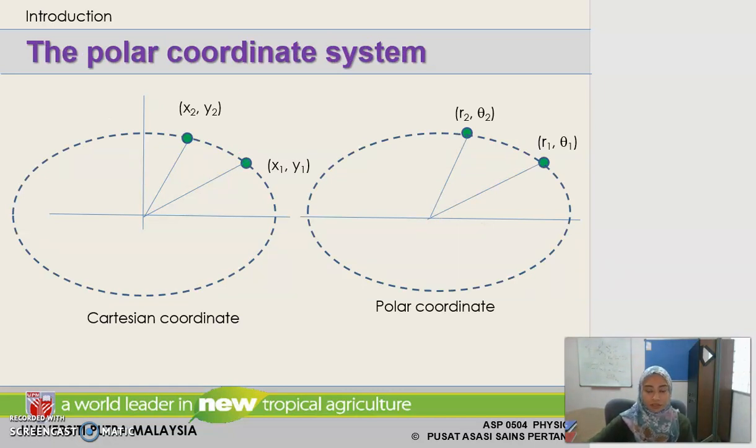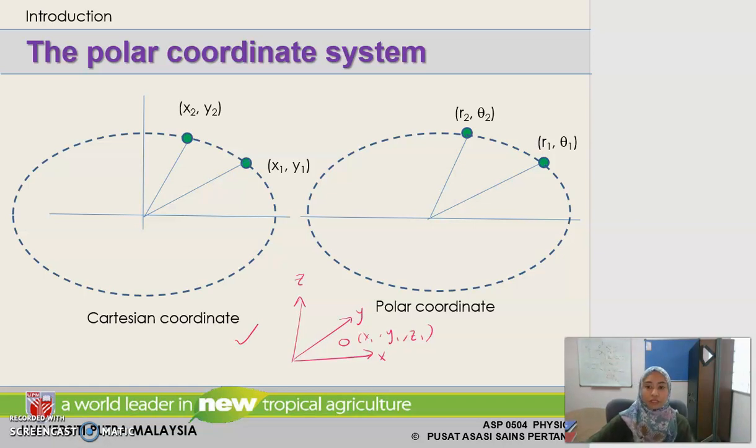The polar coordinate system. The regular coordinate system has x, y, and z. We have axis z, axis y, axis x. Say I have a particle situated over here; I can label it x1, y1, z1. This is the Cartesian coordinate.